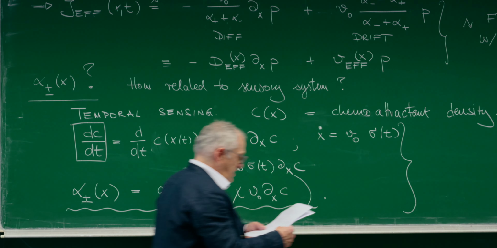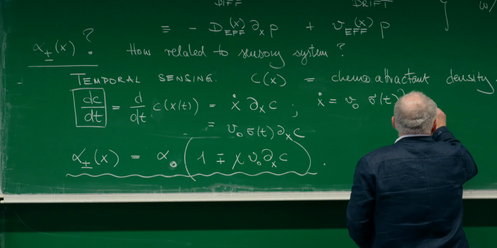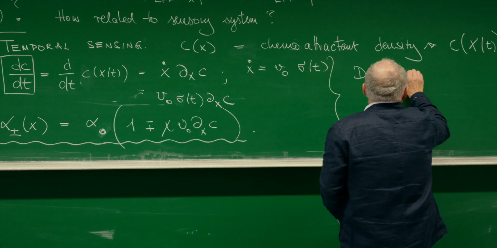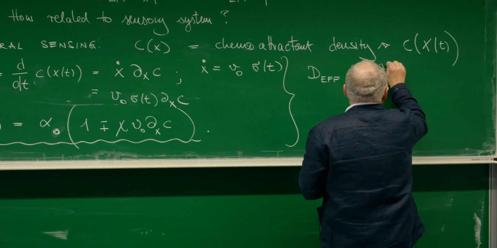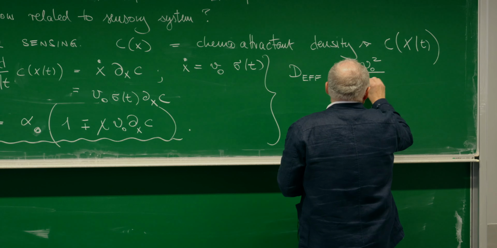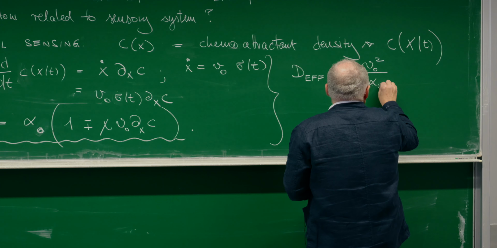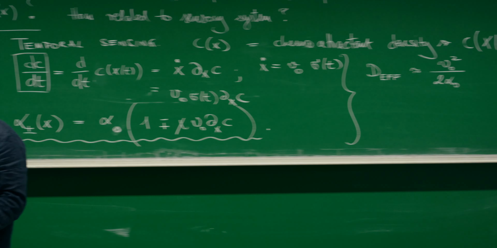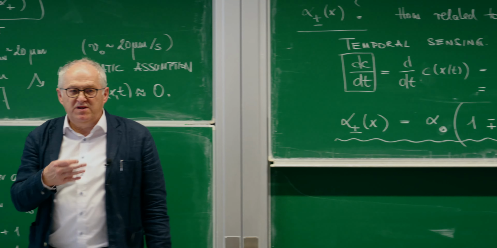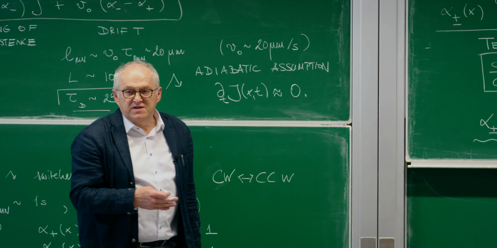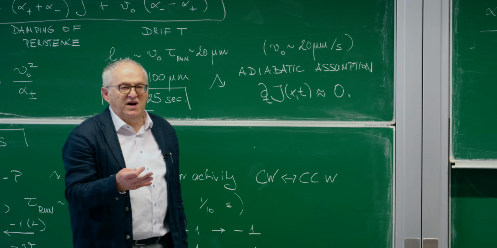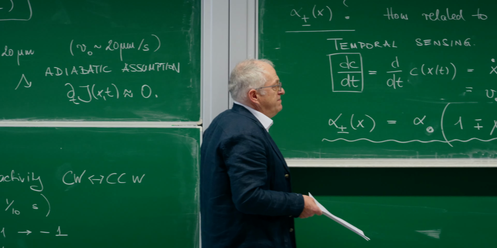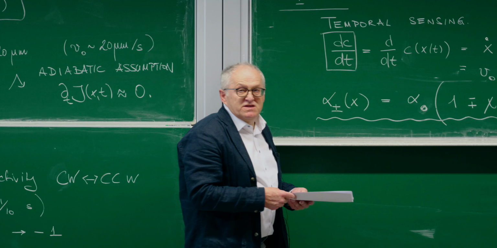So that means to leading order in the gradients, the effective diffusion coefficient is given by v naught squared divided by 2 times alpha naught. And that should not surprise us, because that's basically what you will get from a dimensional argument saying that diffusion coefficients have to have units of meter squared per time. It's a constant, right?